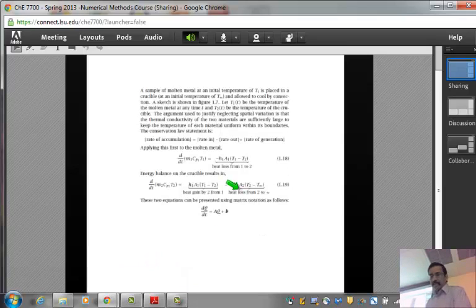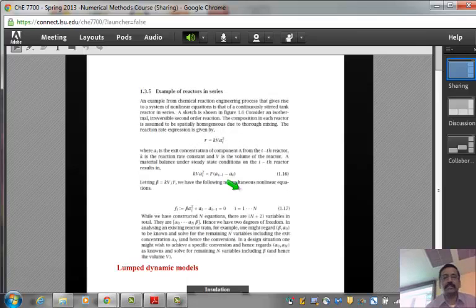So a few examples of lumped dynamic models. So I really need to go to the bottom of this. I'm going to be able to do it. Okay.